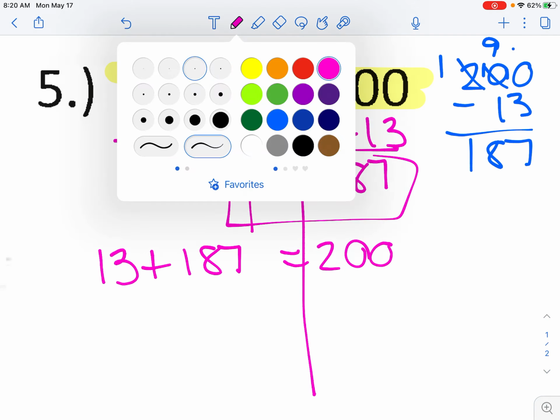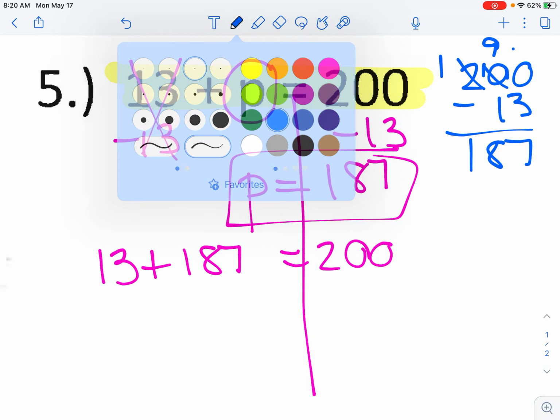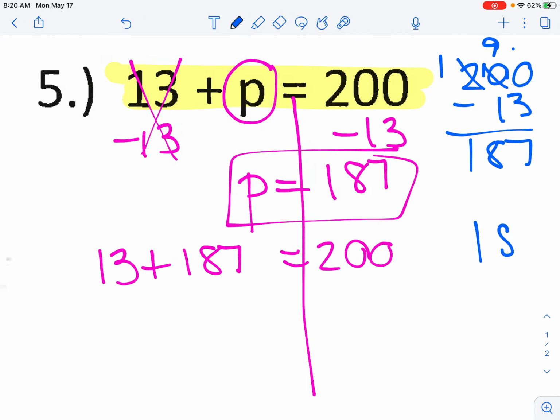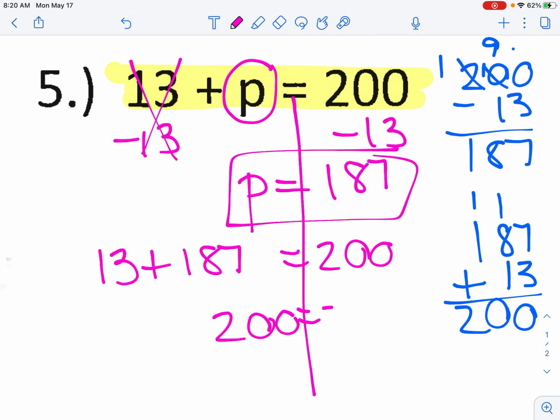Those are 3-digit numbers, so I'm going to show my math out to the side. 187 plus 13, yay, is 200. Now I can say 200 equals 200, check.